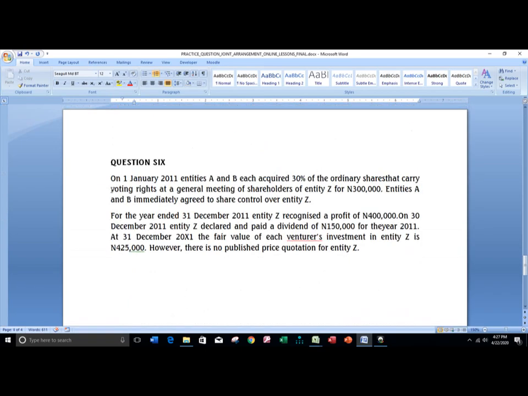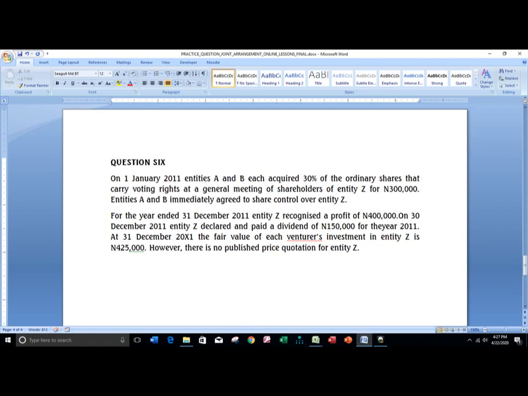Question 6 is saying, on 1st January 2011, entities A and B each acquired 30% of ordinary shares that carry voting rights at the general meeting of entity Z for 300,000 each. Entities A and B immediately agreed to share control over entity Z. So they had shared control. For the year ended 31st December 2011, entity Z recognized a profit of 400,000.